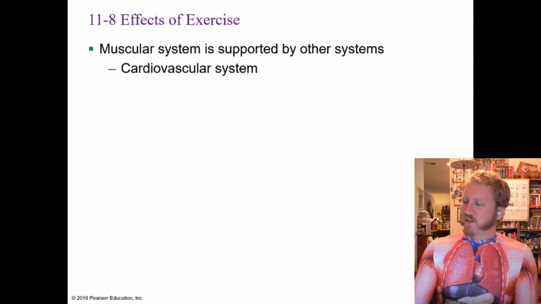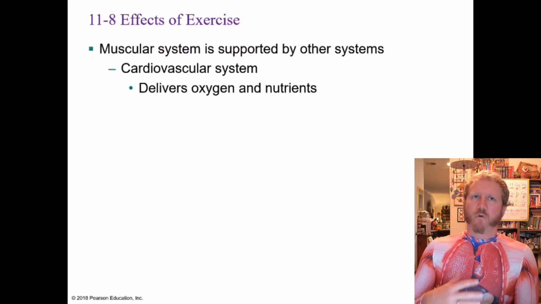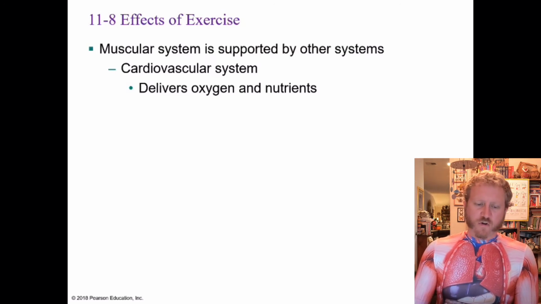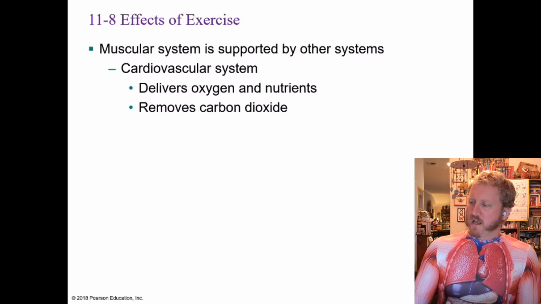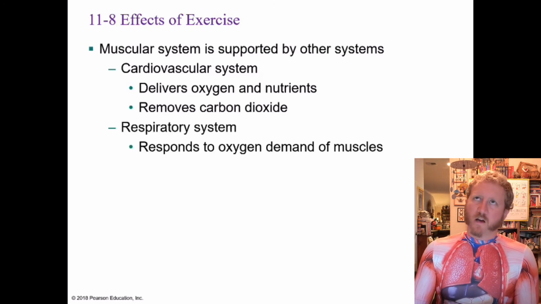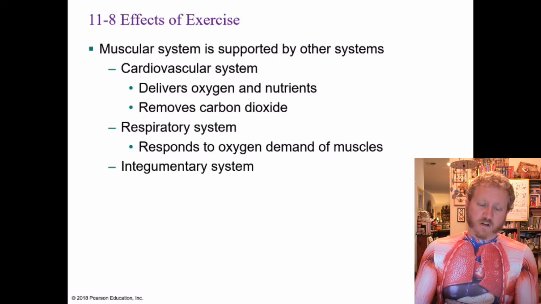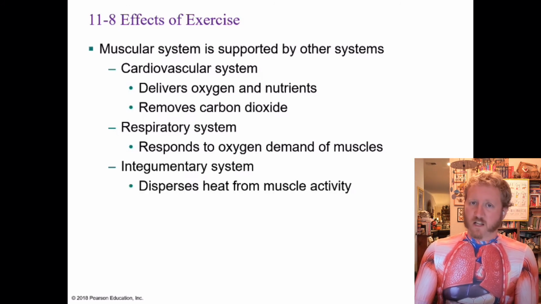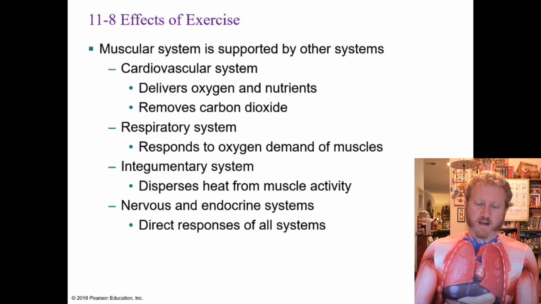For example, the cardiovascular system: the more you exercise, the more you're able to deliver oxygen and nutrients and remove carbon dioxide. The respiratory system is going to respond to oxygen demands of your muscles. The integumentary system is going to distribute heat for muscle activity. You're going to sweat. And the nervous system and the endocrine system is going to determine and direct muscular responses.